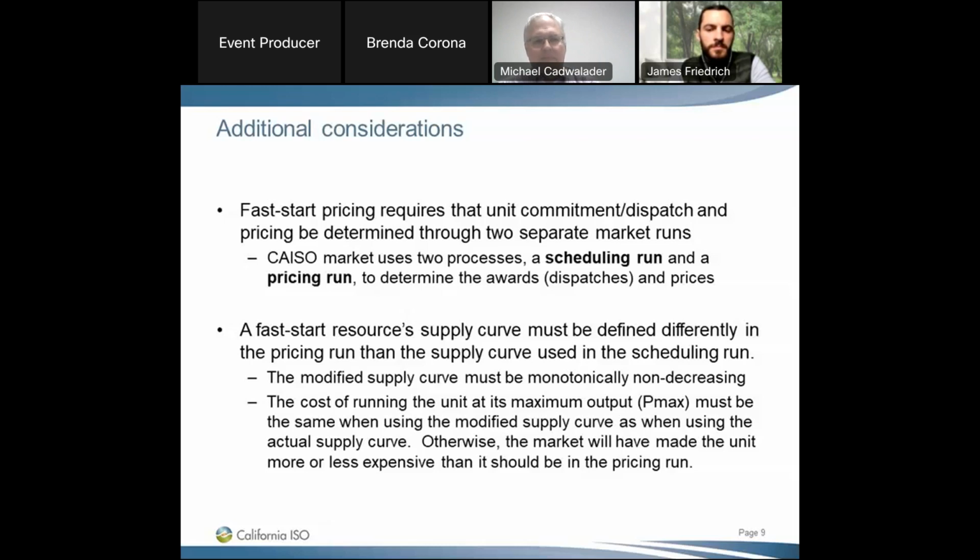In order to truly represent those resources in the market during certain conditions, would you also need to revisit some of the policies around local market power mitigation and commitment costs, so that these resources' true costs, including their opportunity costs, are fully reflected in the market pricing that they're now able to be a part of?